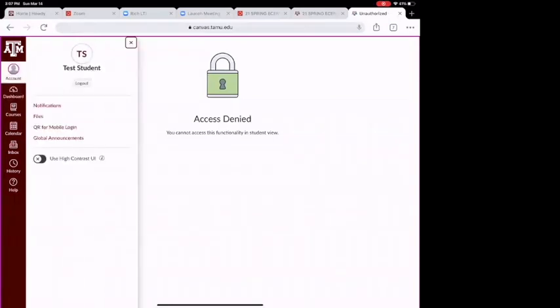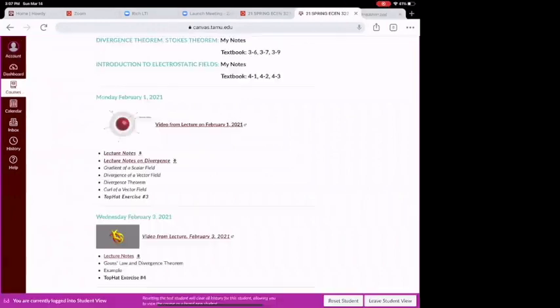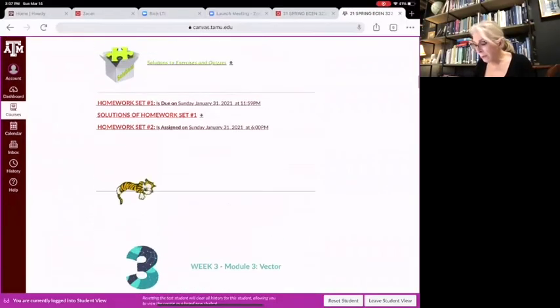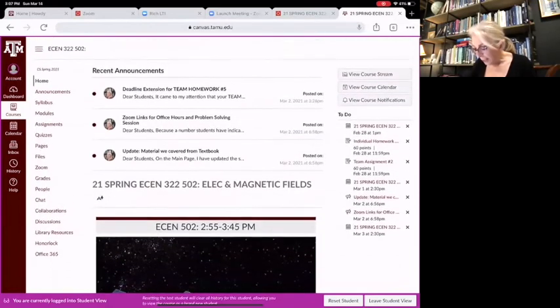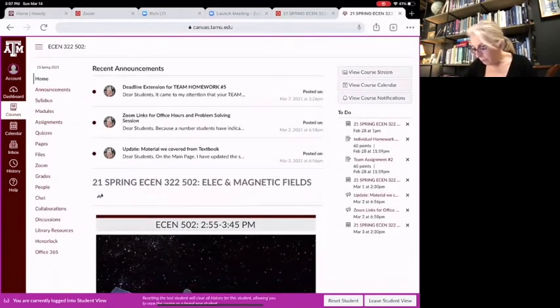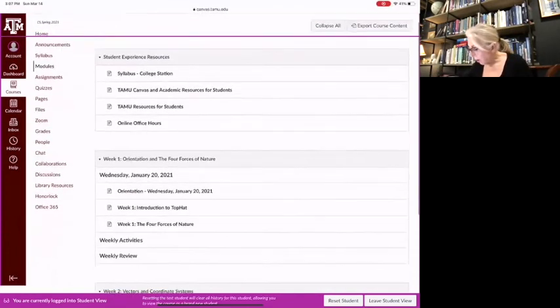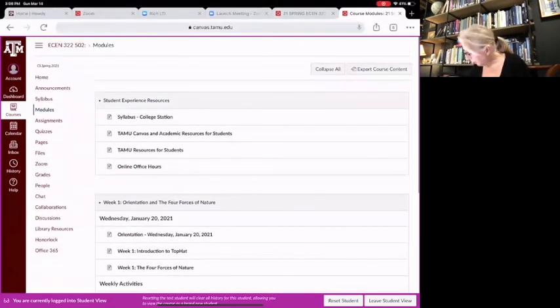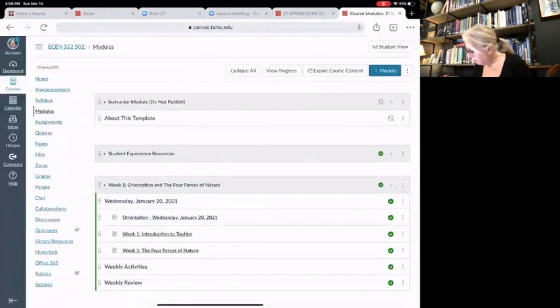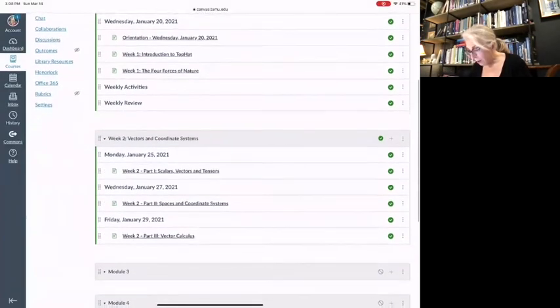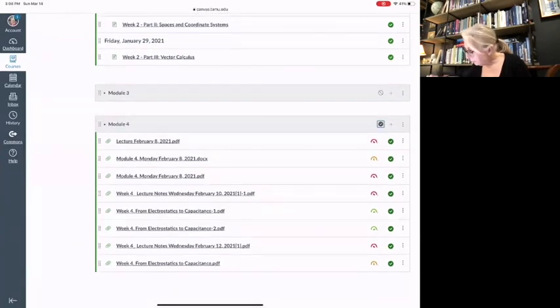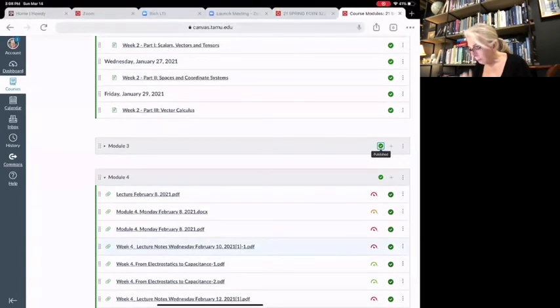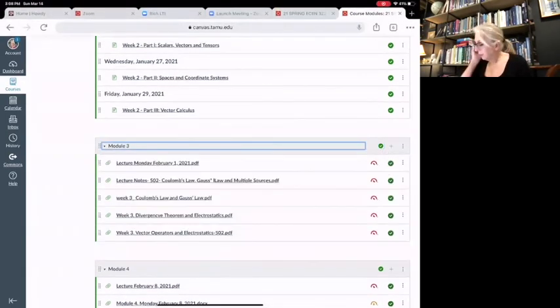February 8th, I can see again, but between that little gap, no. You know, that's the problem with Canvas. I have to go in the files. Let me see modules. Okay, but module 3, that's what it was.